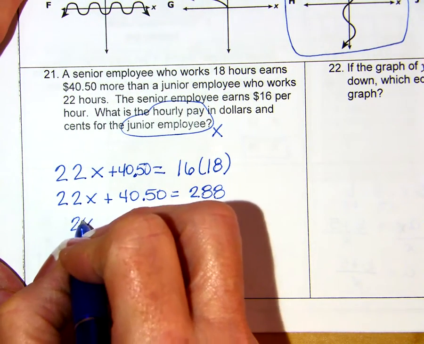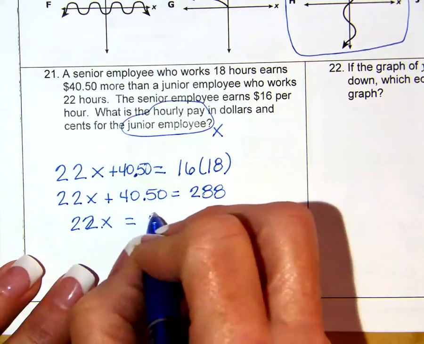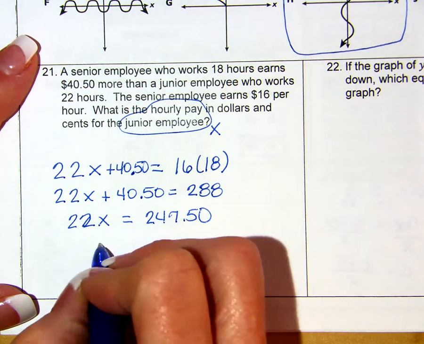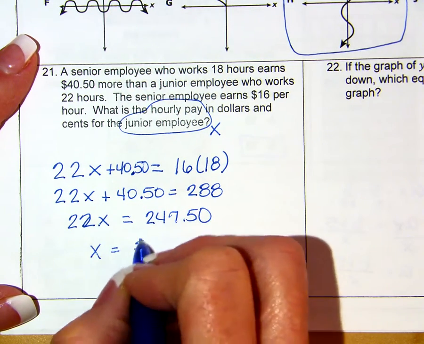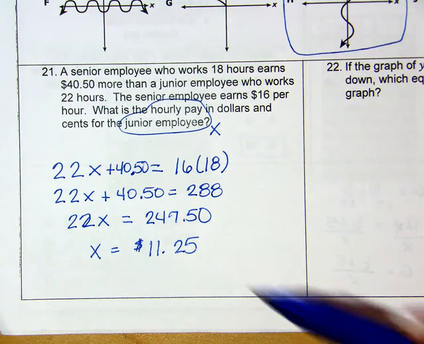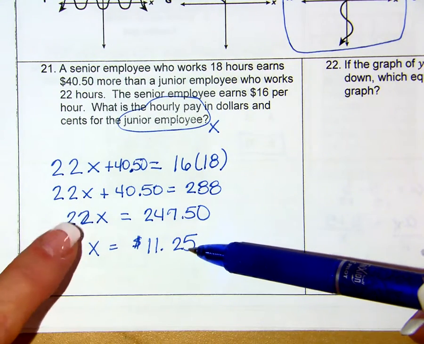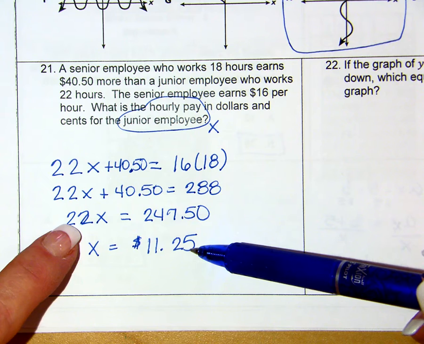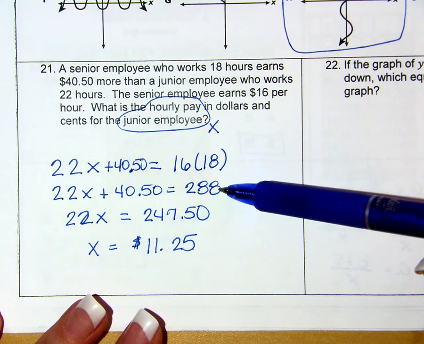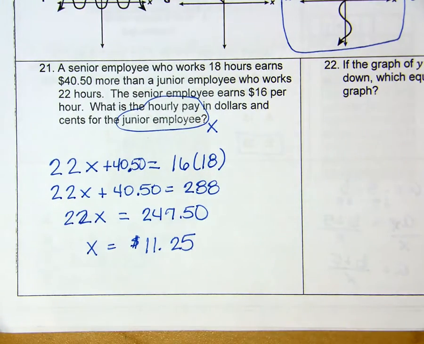Then we subtract 40.50 from both sides, and we end up with $247.50. And then simply divide both sides by 22, and you end up with $11.25. So the junior employee makes $11.25 per hour, and if he works for 22 hours, he makes less than the senior employee who works 18 hours because they make more money than he does.